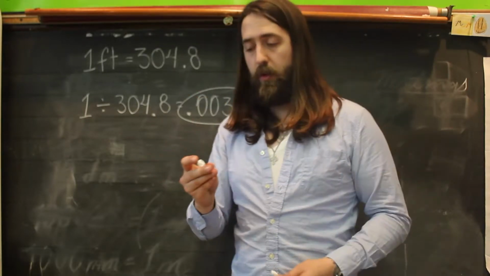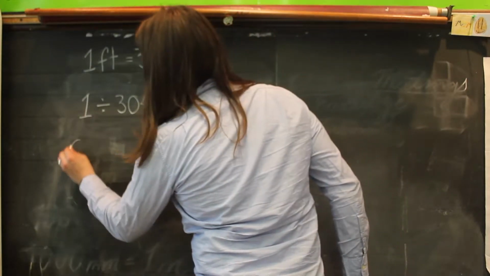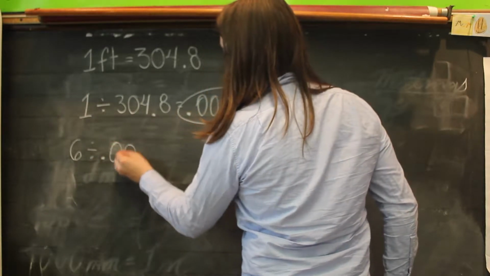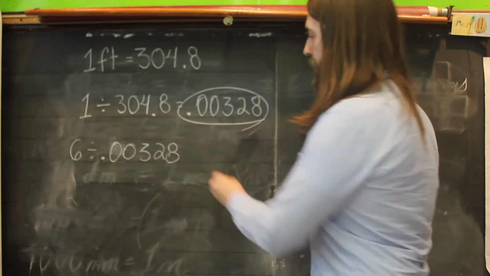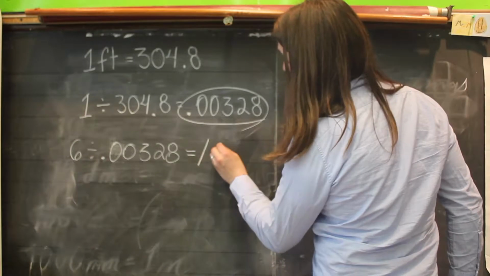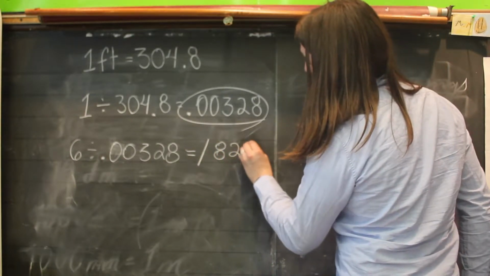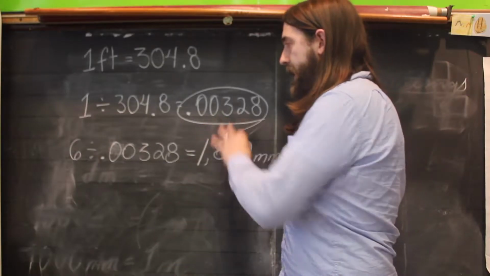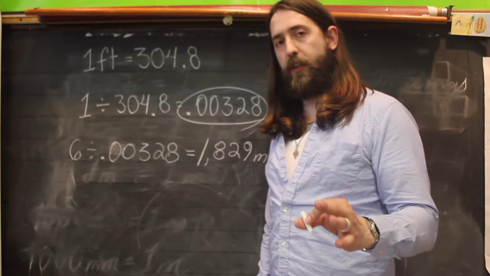And so if I want to know how many millimeters are in a 6 foot tall person, I will do 6 divided by 328 10,000ths. And when I do that, 1,829 millimeters. Now I have my magic number. I have the height of a 6 foot tall person in millimeters.